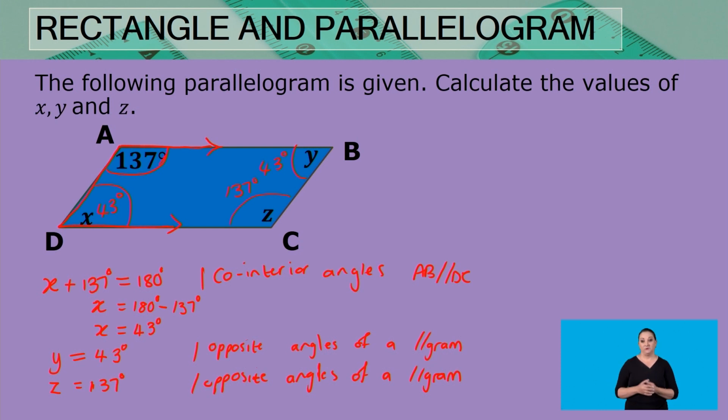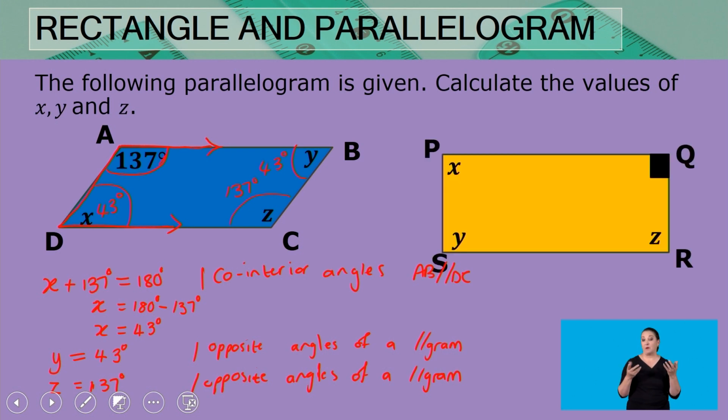But what about if this parallelogram was a special one, namely a rectangle? Now, if this question was exactly the same, but we were given a rectangle, then we could have calculated these angles much faster and much easier. Now, how do we know that that is a rectangle? We know that it is a rectangle because one of the given angles is a 90-degree angle.